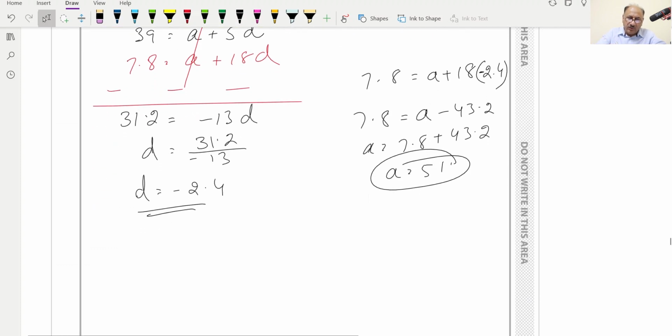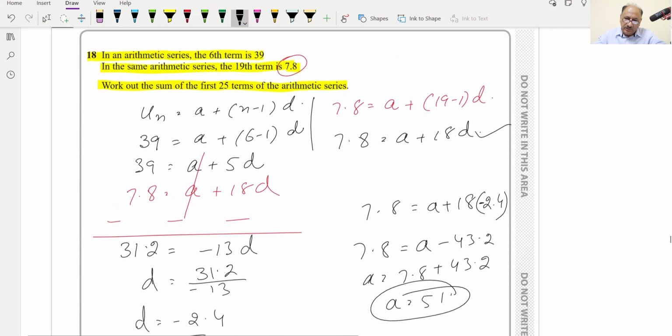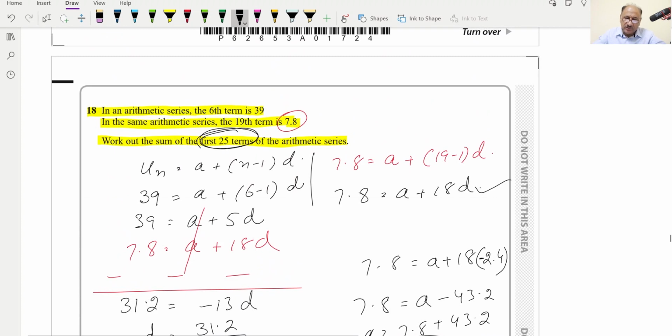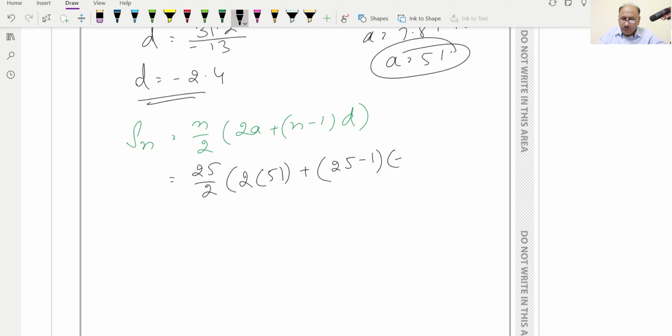Now we can apply the sum formula: Sn is equal to n by 2 into 2a plus n minus 1 into d. We replace the values in this one. The n value we need is 25. So 25 over 2 into 2 times 51, plus 25 minus 1, times minus 2.4, bracket close.